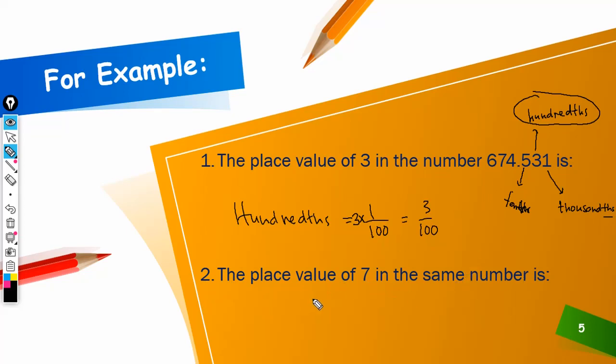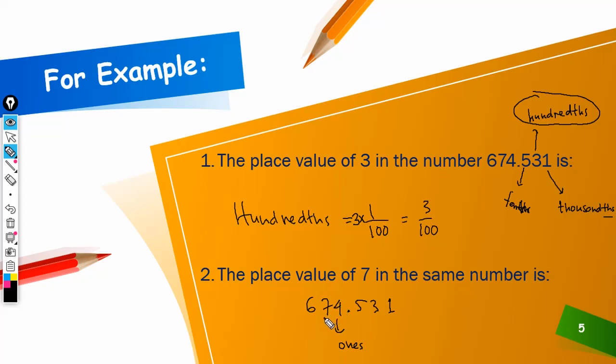And then the second example, the place value of 7 in the same number, 674.531. Let's see. The first one before the decimal point is ones. So there are 4 ones. Jadi ada 4 1 di sini, kalau 4 1 kan berarti 4 ya.